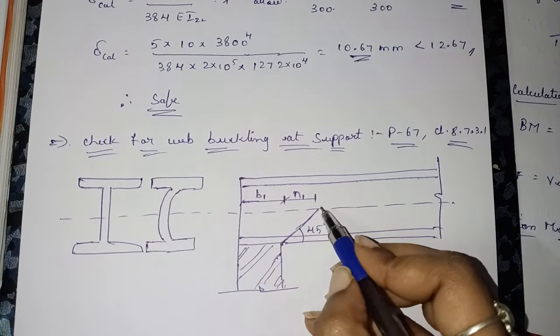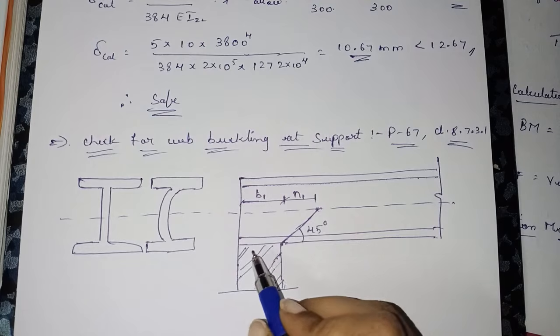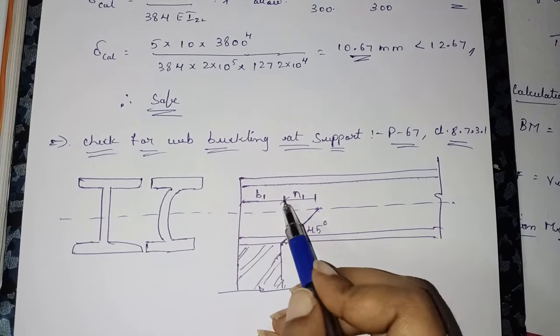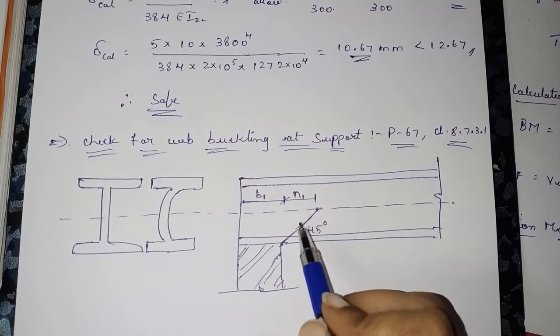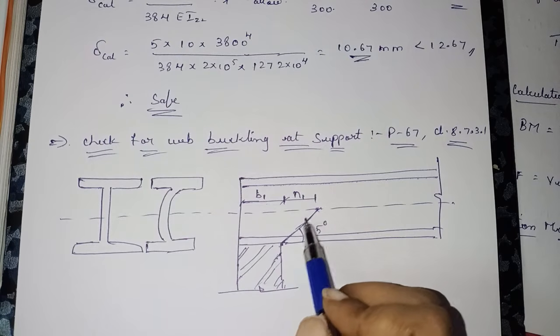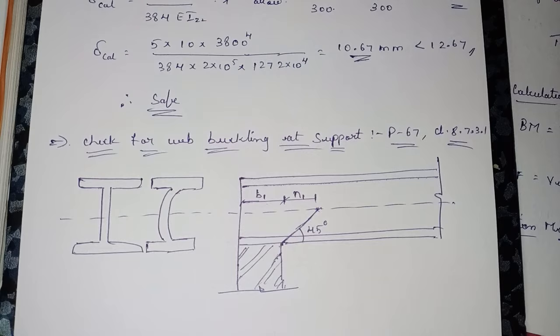It is an assumption and it is also in the code book. From here, this distance of bearing we will take as b1, and the distance after the buckling forces at the support failure plane will be n1.